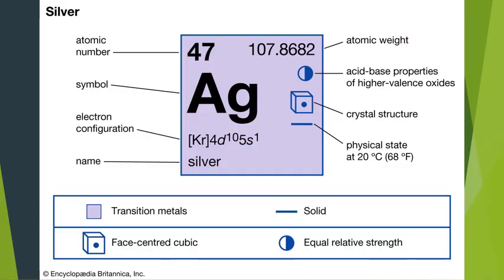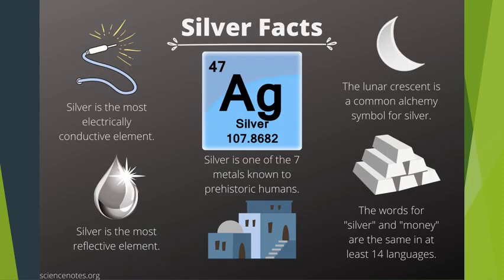Silver, argentum, transition metal and solid in state, face-centered cubic structure. Facts related to silver: silver is the best conductor of heat and electricity. It is the most reflective element.